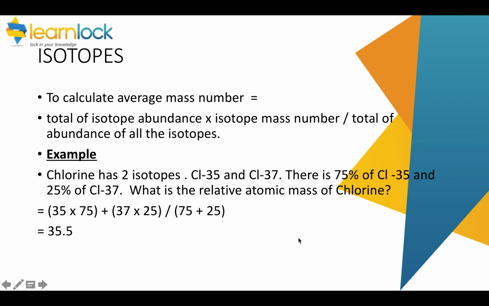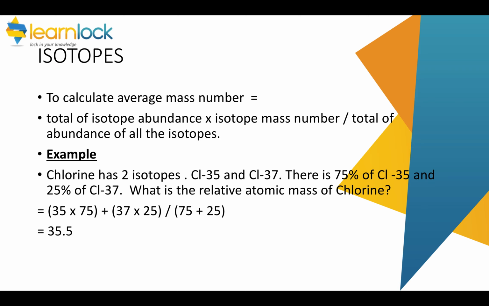You will need to know how to calculate the average mass number, and that's based on the abundance, or how much there is of it. Look at this example, chlorine. Chlorine has two isotopes, so there are two versions of chlorine, chlorine 35 and chlorine 37. There's 75% of chlorine 35 and there's 25% of chlorine 37. So what's the relative atomic mass of chlorine?